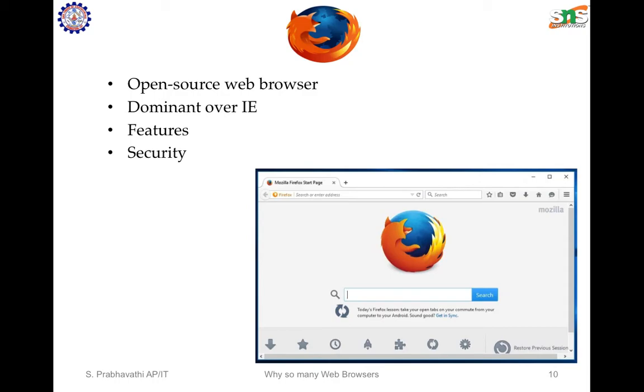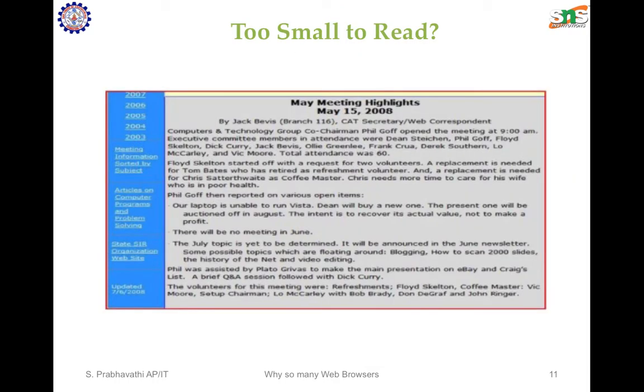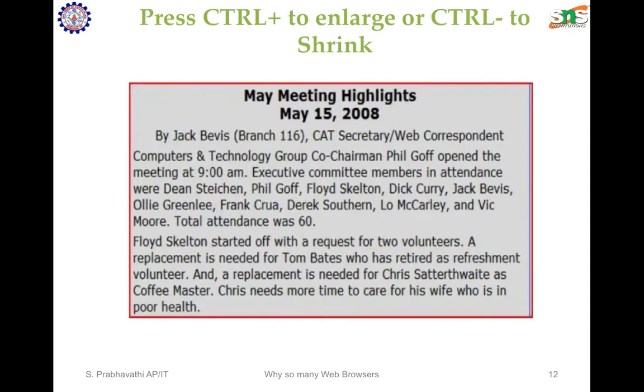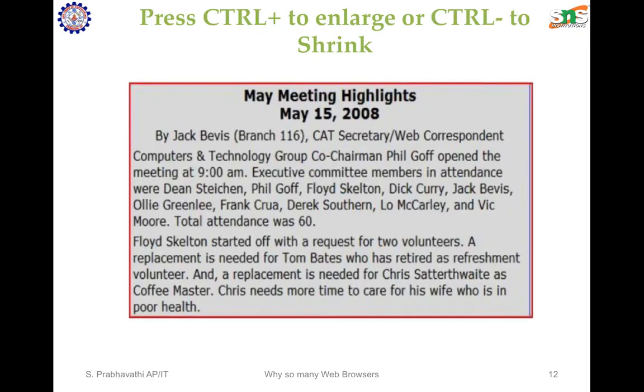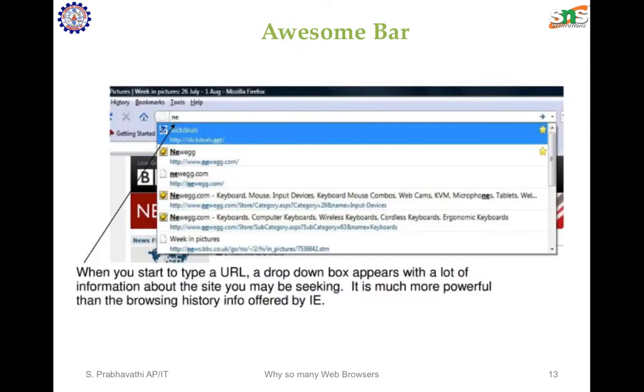So this is all about the Mozilla Firefox web browser. I missed a few features. If in Firefox we see the web content is too small to read, we can simply press Control plus to enlarge it and Control minus to shrink the content. And we have the awesome bar, which almost all browsers today are using.